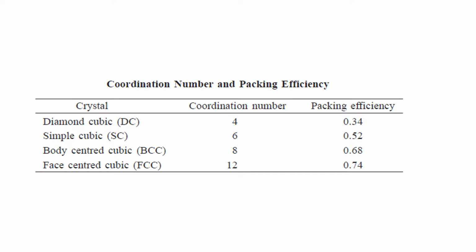You can see that for a face-centered cubic, the packing efficiency is 0.74. That means 74% of the space is utilized, and the remaining 26% is vacant. That is what packing efficiency represents. And you can see the face-centered cubic has a coordination number of 12.